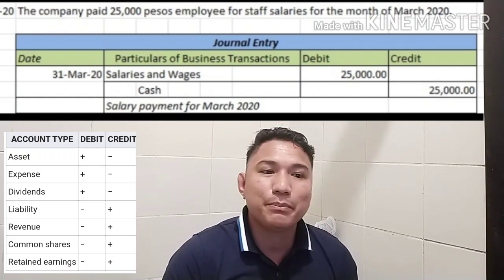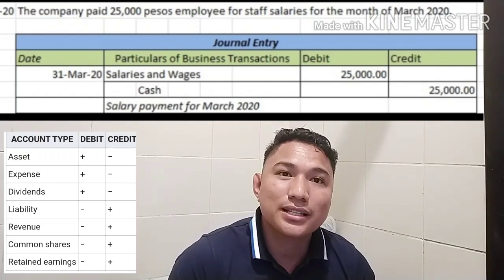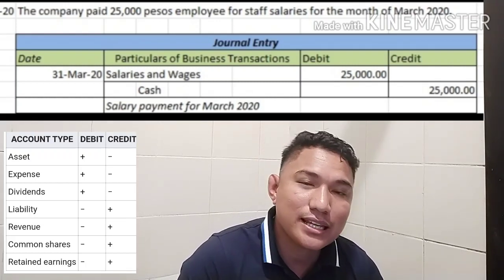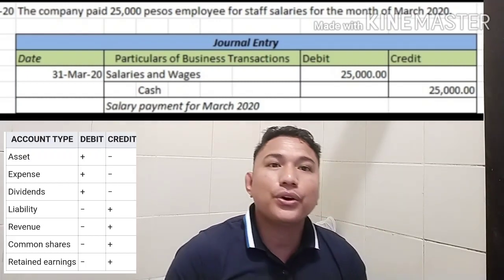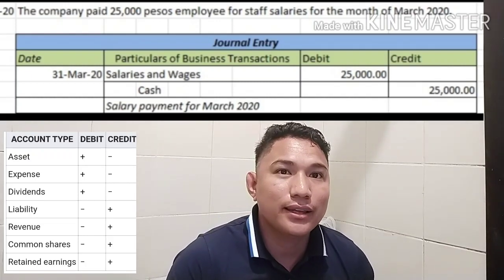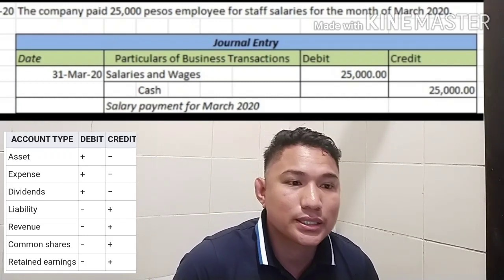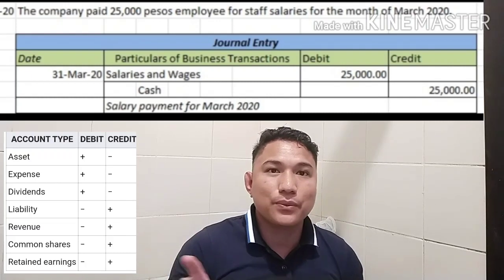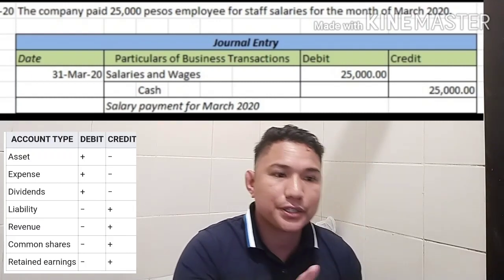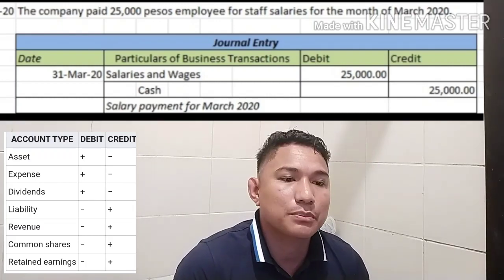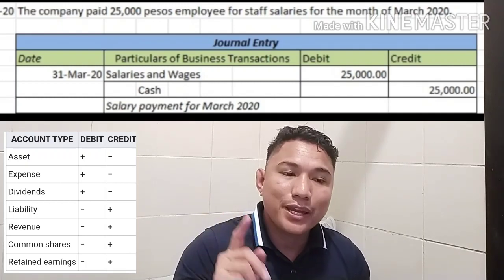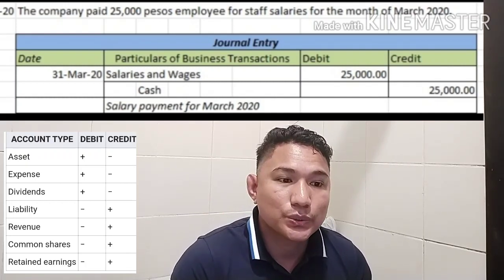What is the financial effect of paying the salaries of employees? Of course, your cash decreases and your expense increases. So debit salaries and wages expense, credit cash. The brief explanation is salary payment for March 2020.